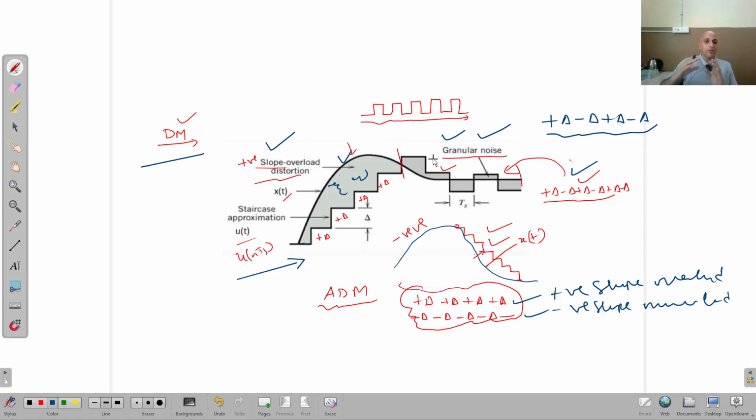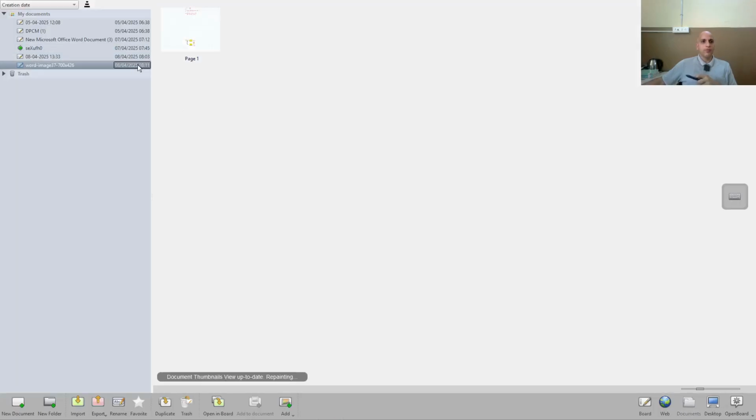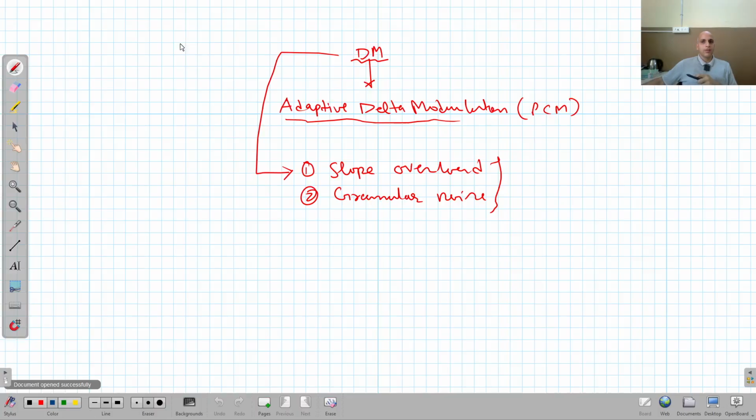Now, in order to address these two problems, we make use of adaptive delta modulation. The main difference in adaptive delta modulation is that we are going to adjust the step size.